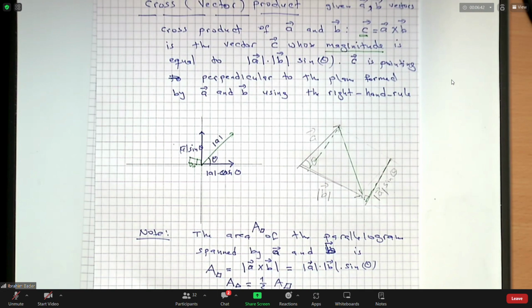Honestly, there are lots of applications of this in real life. One of them is the so-called moment, and the force, if you are using some tools, like, I don't know the English name of it, I know it in German.